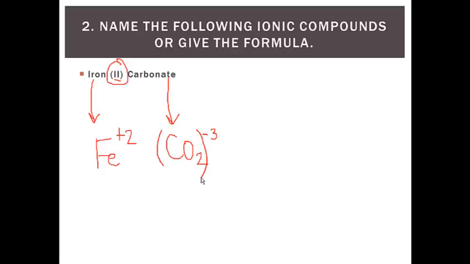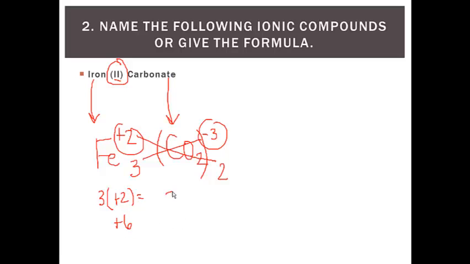So I'm just going to draw these parentheses. So what we do now, we take these charges. This guy needs to come down here, and this guy needs to come over here. The reason we do that, I need the positive and negative charge to equal out to 0. So if I have 3 irons, and each of them has a +2 charge, that gives me +6.